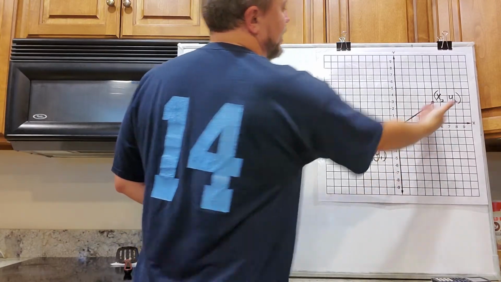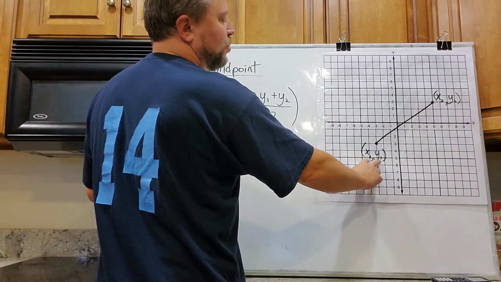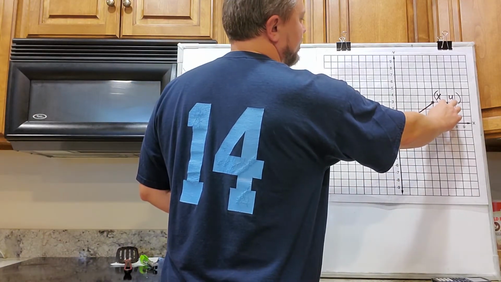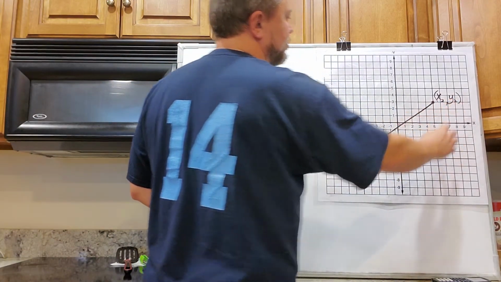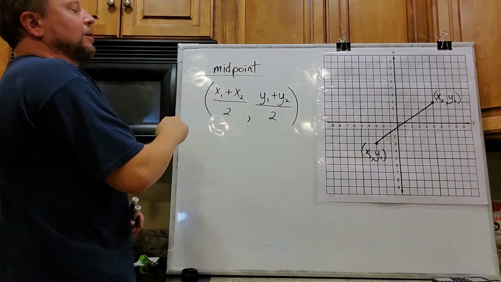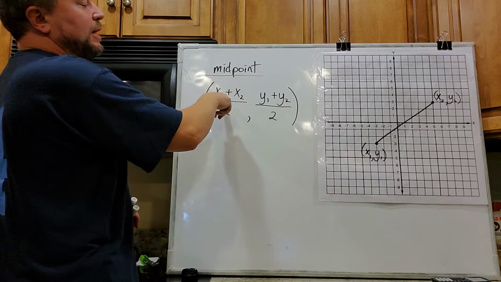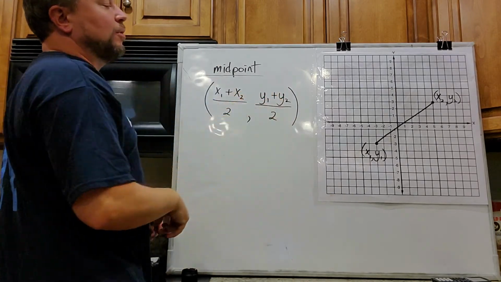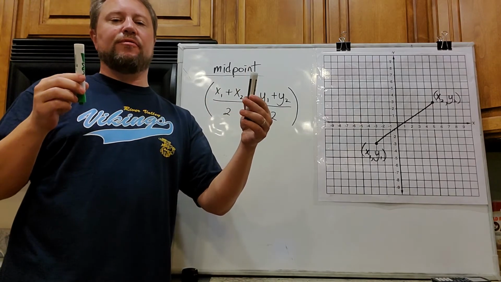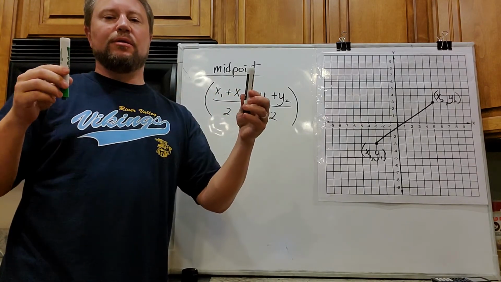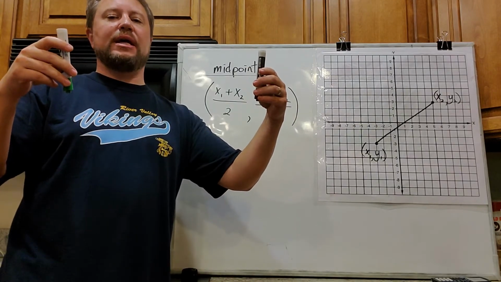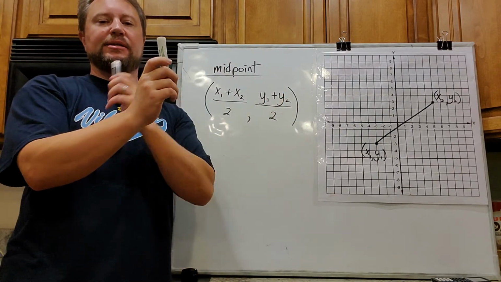If this is my segment with a point x1, y1 here and another point over here at this end that is labeled as x2, y2, the dead center middle, the midpoint, is found by averaging the x's, averaging the y's. Remember, an average takes two values and finds the exact middle. If this end is over here and this end's over here, you take these two values and average them, you're going to find the dead center middle.